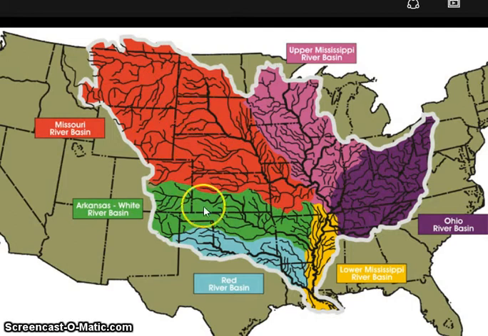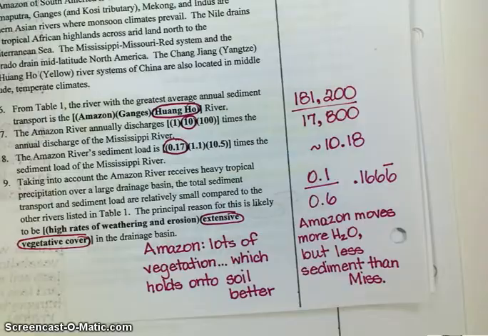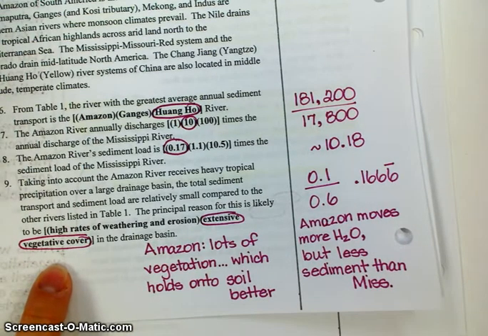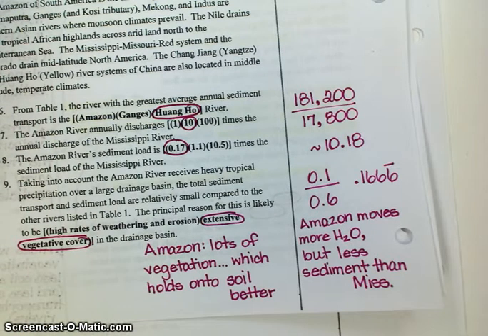And y'all know that sometimes crops are planted in that farmland and sometimes it's just bare soil, okay? So you're going to have more sediment transported in the Mississippi River drainage basin than you would in the Amazon, because the Amazon has extensive vegetative cover, which is the reason why you have very little soil winding up in the Amazon River.